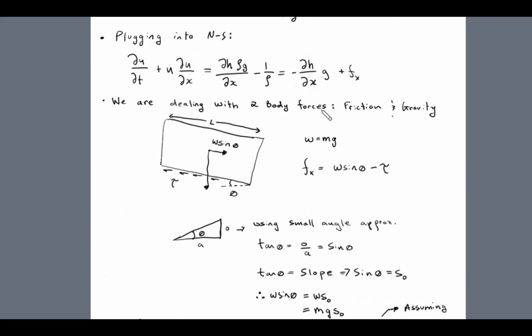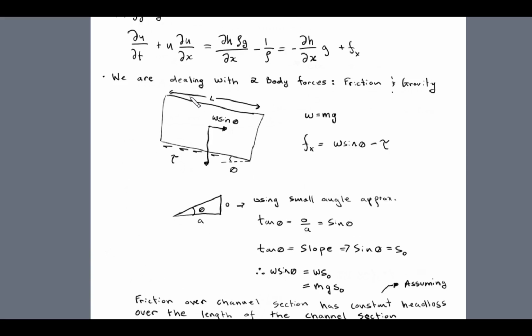So now we're dealing with only two body forces, being friction and gravity. Looking at a section of a channel in the profile. So here's our bed slope, a length of the channel. This is the water surface up here.